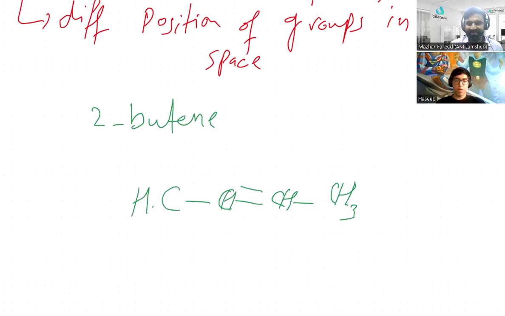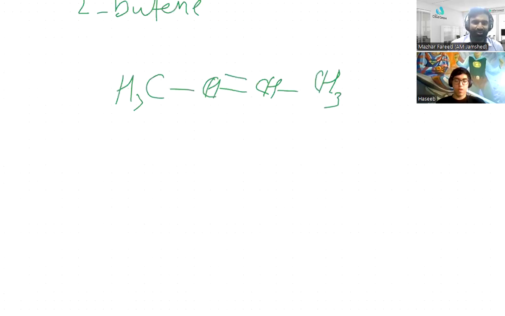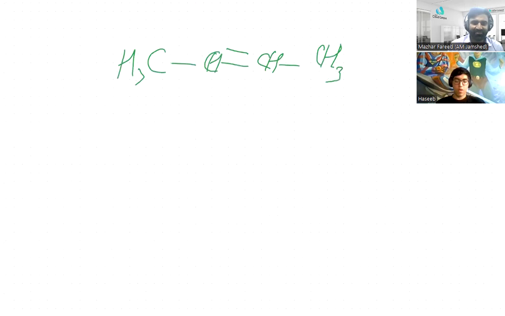But when we explain in terms of cis-trans isomerism, you need to make the structure like this. You can see it has hydrogen attached with this, and you can see CH3 is attached with this carbon.